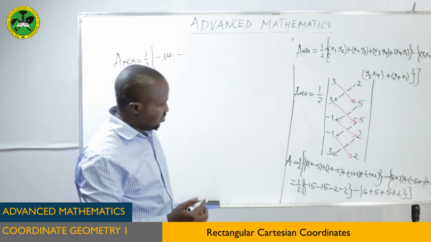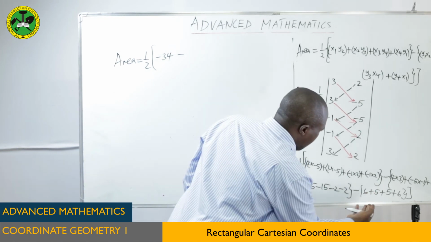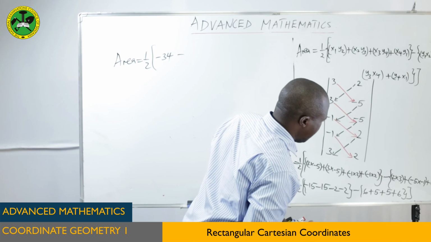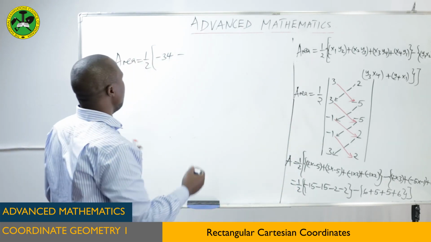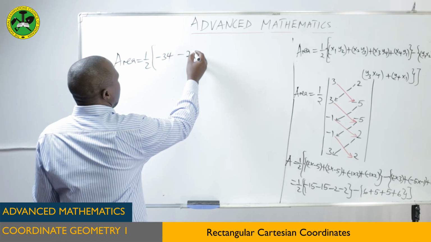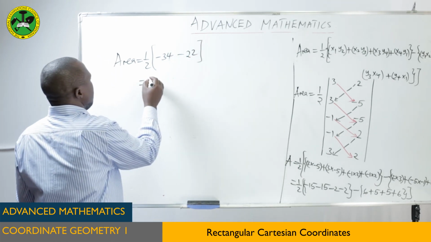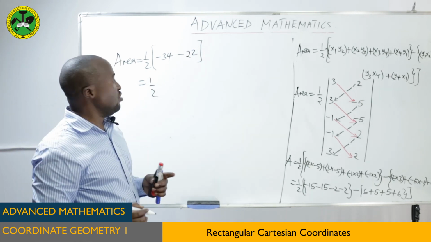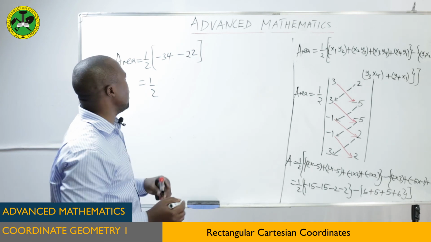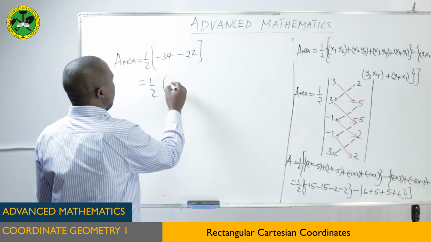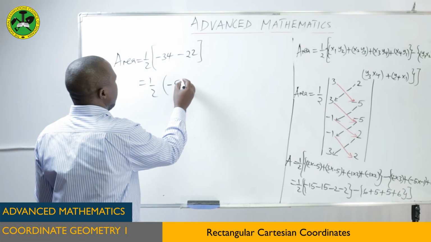Minus, so here we have 6 plus 5, that is 11, plus 5, that is 16, then plus 6, that is 22. So this is equal to a half. So we have -34 minus 22. We are going to have -56.